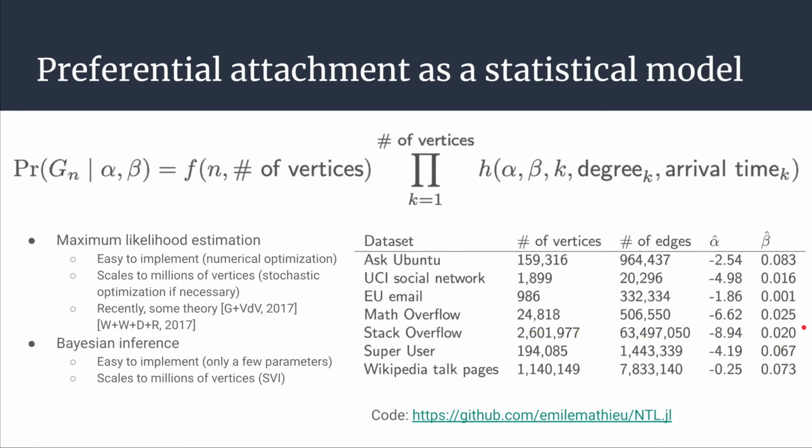And I don't have runtimes here, but it's quite fast. Okay, so the main point here is that when we have historical information, even this sort of limited historical information about the arrival time of the vertices, we can easily fit the preferential attachment model to huge data sets.